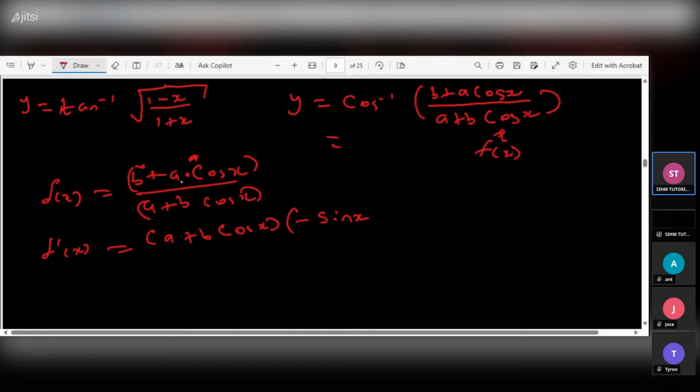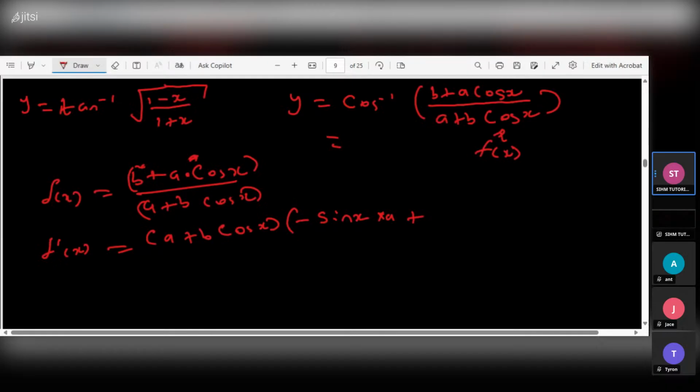We keep that constant, which is going to be a. It's going to be a multiplied by a, and then plus... Remember, now we need to derive a. As you know, it's a constant, so it's going to be 0.